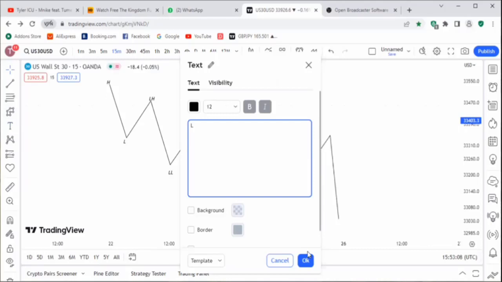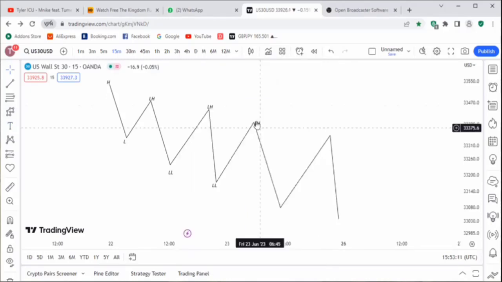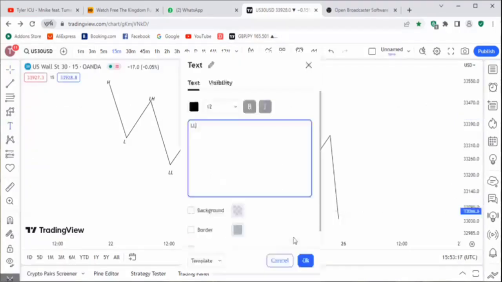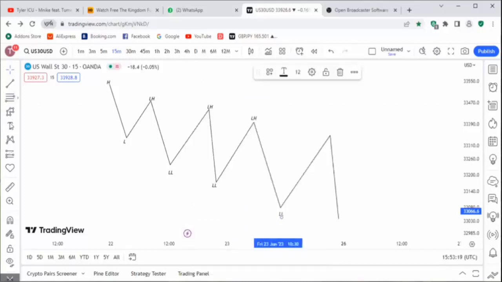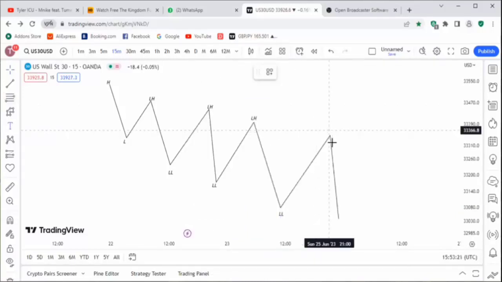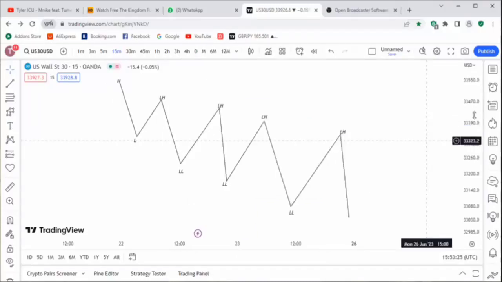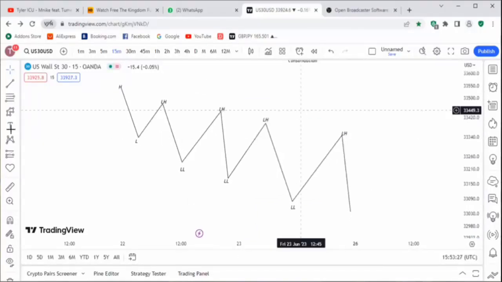Lower high. Lower low. Lower high. Same thing. After identifying your highs and lows, we are looking for a break of market structure.